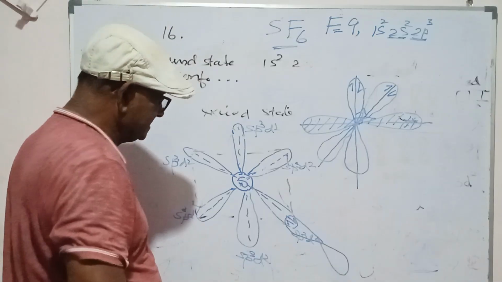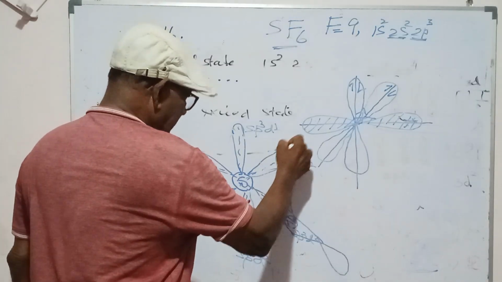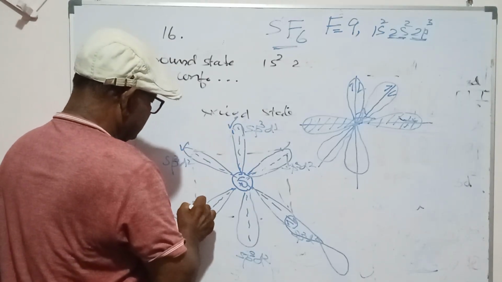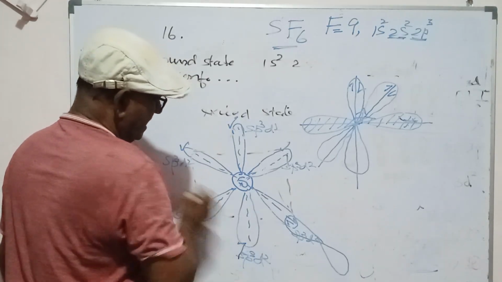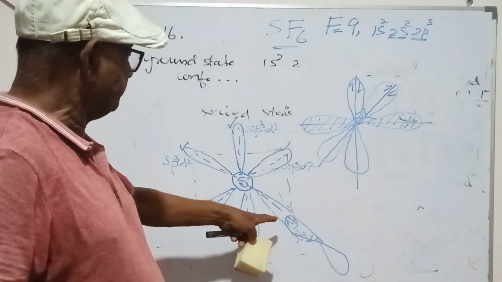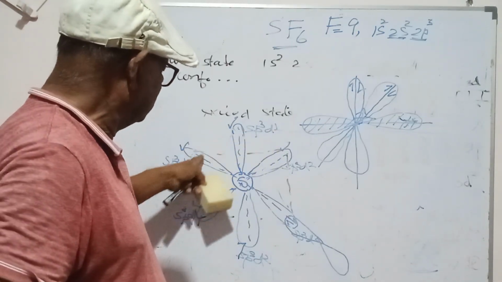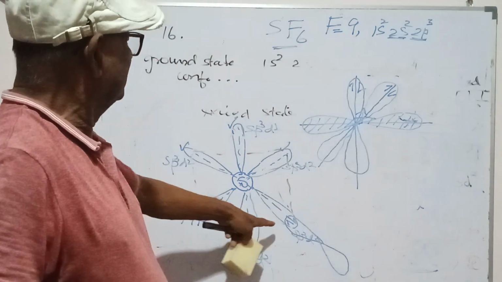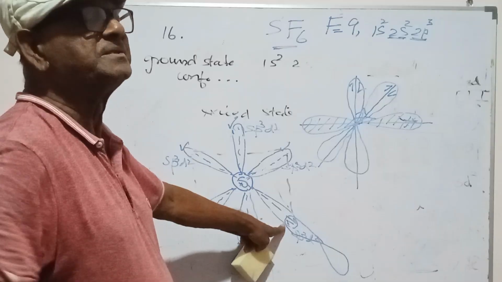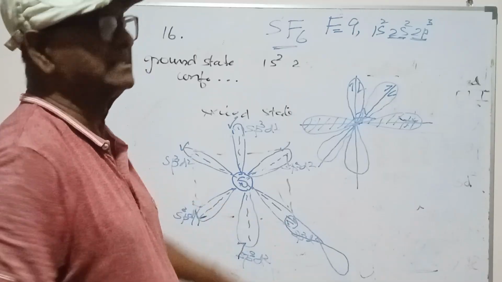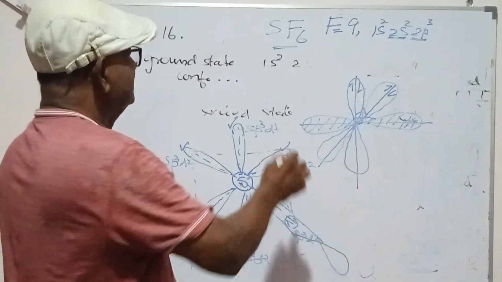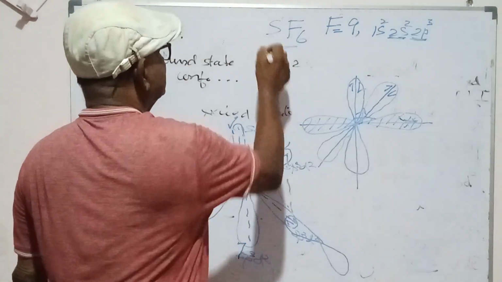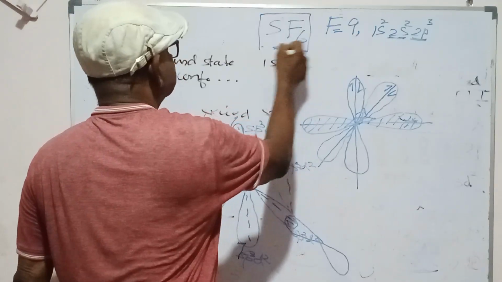So it is clear that similarly with all the other hybridized orbitals, it is possible to form 5 more sigma covalent bonds with 5 fluorine atoms. Then these 5 fluorine atoms with this one, 6. This is the molecule of SF6.